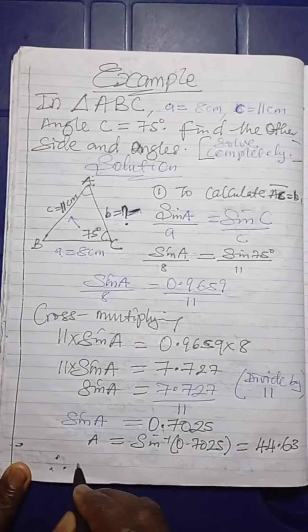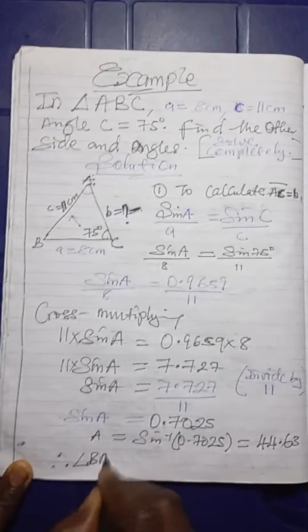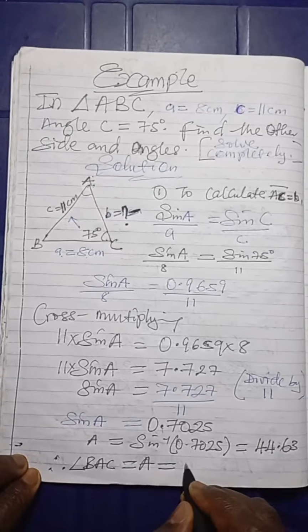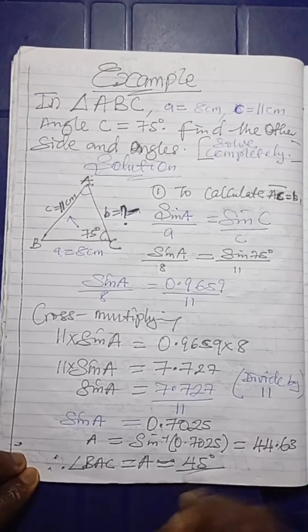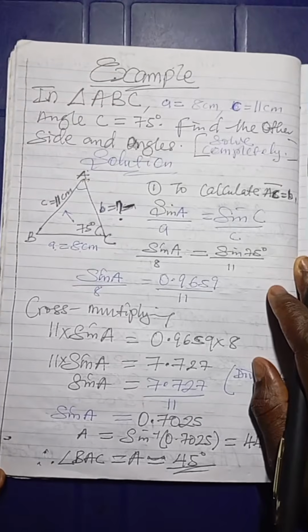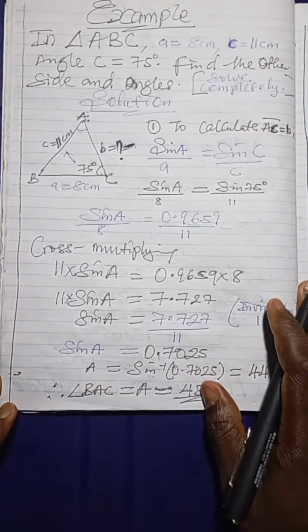Therefore, angle BAC, which is A, is approximately 45 degrees to the nearest degree.